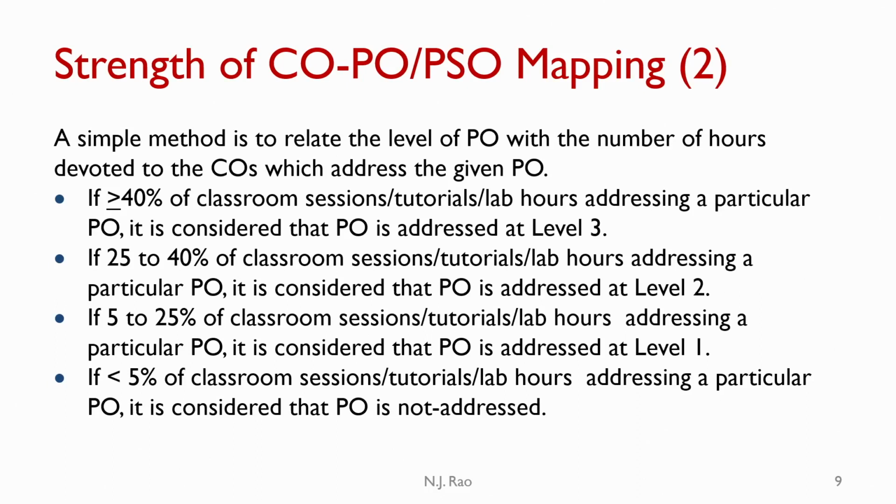If 5 to 25% of the hours address a particular PO, it is addressed at level 1. Anything less than 5% of the class sessions is only nominally mentioned, so we consider that PO not addressed at all.